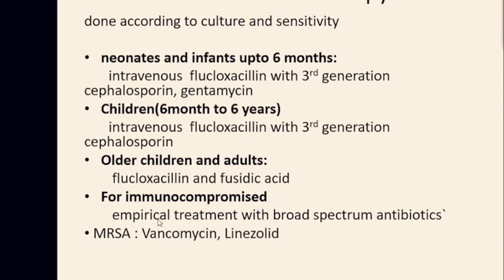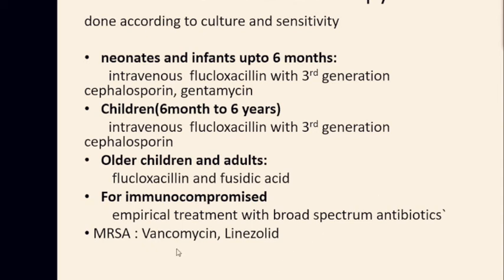For an immunocompromised patient, empirical treatment is with broad spectrum antibiotics. Broad spectrum again means the cephalosporins, which could be second generation or third generation. When you move from second to third generation, there's more coverage of gram-negative organisms; second generation has more coverage of gram-positive organisms.